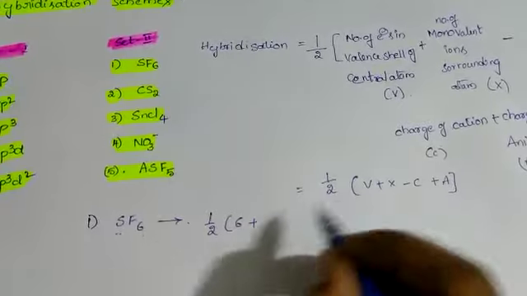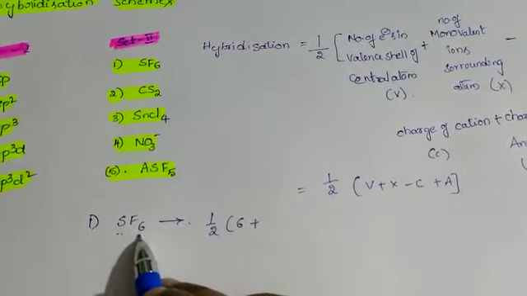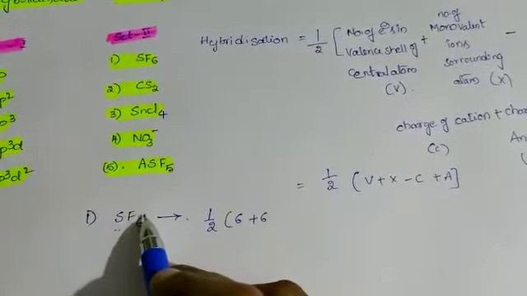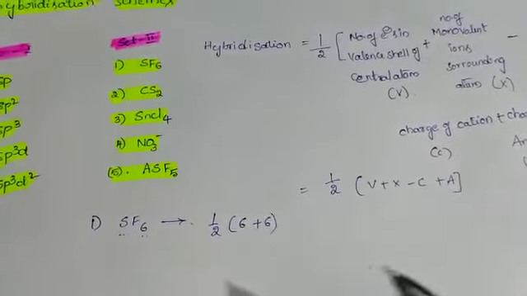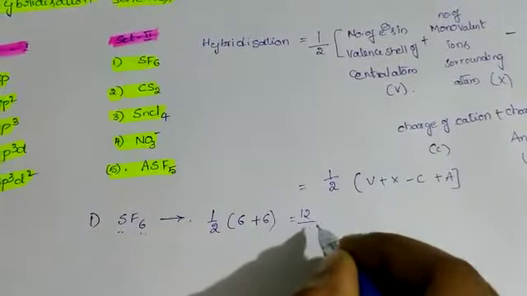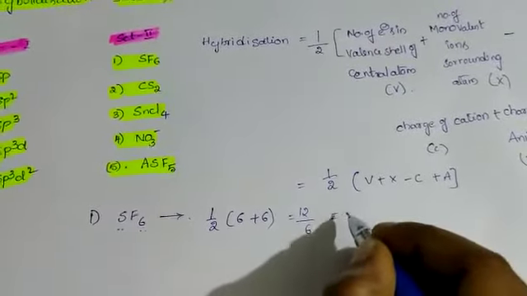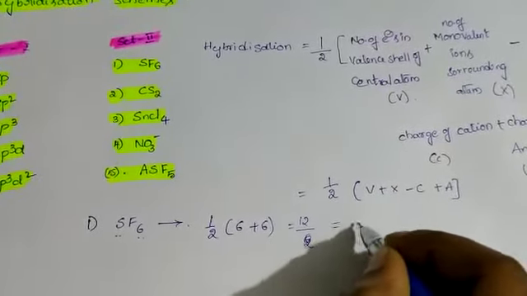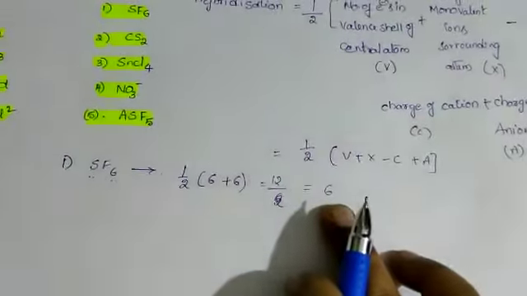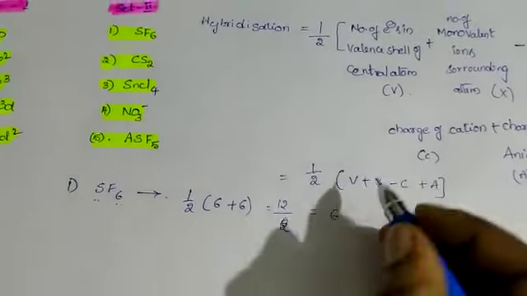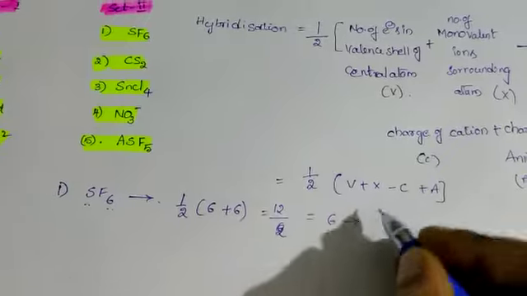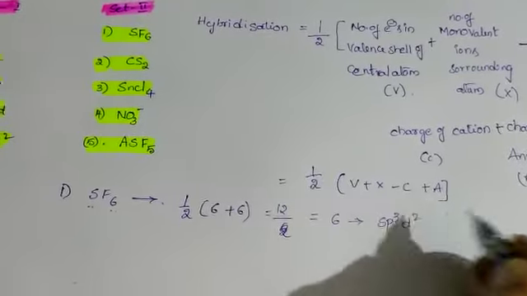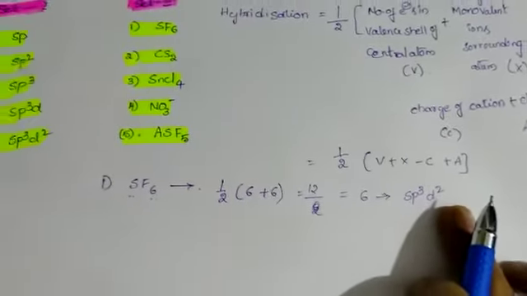So half of 6 plus 6, and the charge is not present so its value is 0. 12 by 2 equals 6. Hybridization is 6, so SF6 is sp3d2 hybridization.